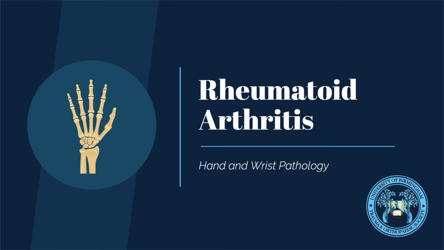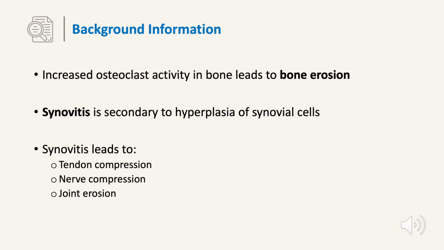Welcome everyone to another brief presentation, this time looking at rheumatoid arthritis, particularly with regards to its presentation in the hand. Now before starting, it's important to note that rheumatoid arthritis is a systemic autoimmune condition that will affect multiple joints and multiple systems of the patient.